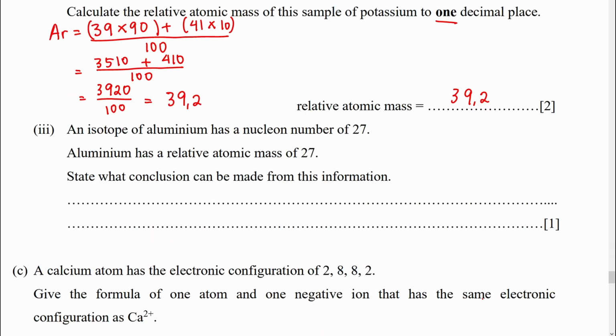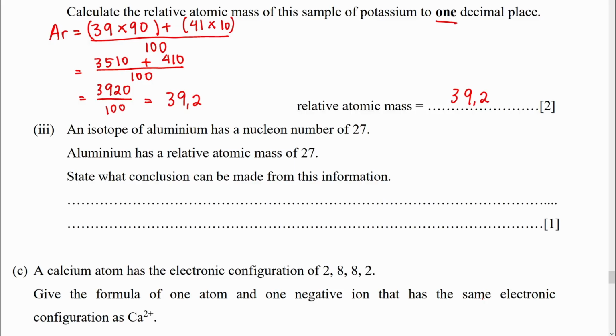Next, an isotope of aluminum has a nucleon number of 27. Aluminum has a relative atomic mass of 27. State what conclusion can be made from this information. Since the isotope has a nucleon number of 27 and the relative atomic mass of aluminum is also 27, this shows that almost all naturally occurring aluminum atoms are the same isotope, which is 27.